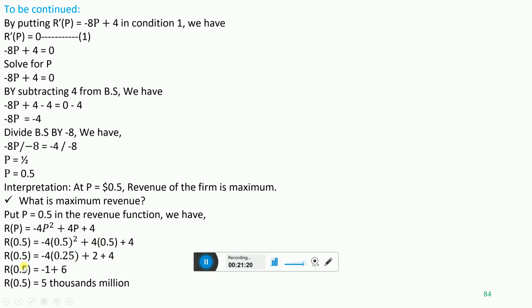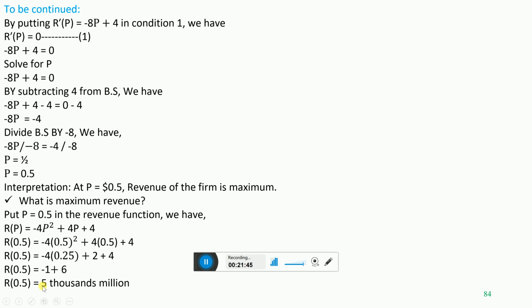This is minus 4 times 0.25, which is minus 1, and 4 times 0.5 is 2, plus 4 gives 6.